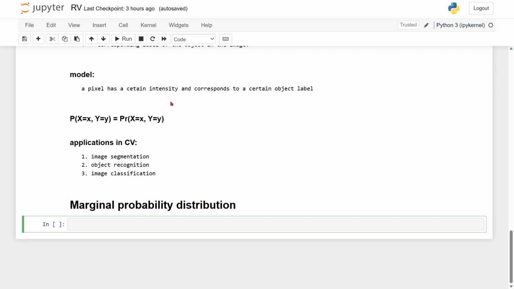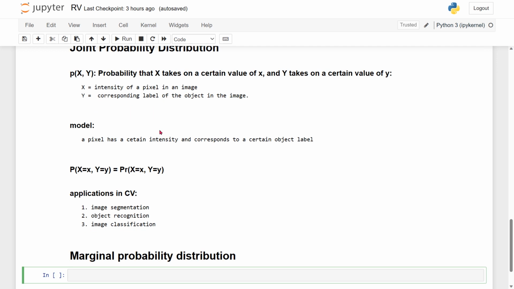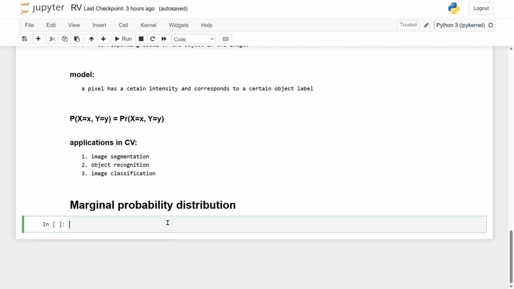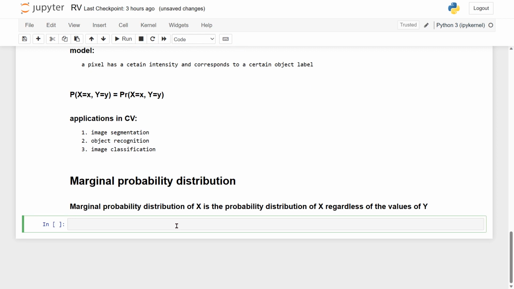I'm repeating: when you have the joint probability distribution of X and Y, the marginal probability distribution of X is the probability distribution of capital X regardless of the values of capital Y. That's your marginal probability.